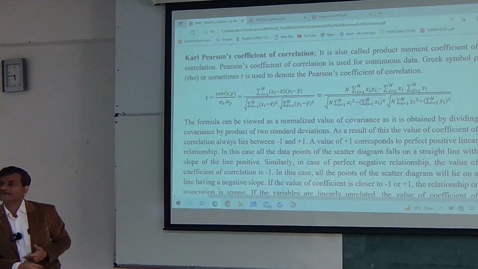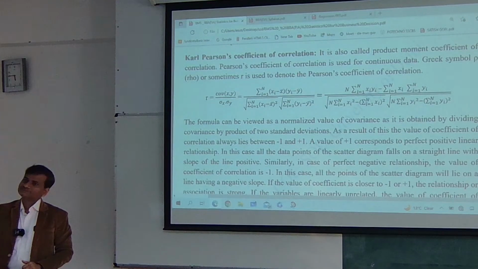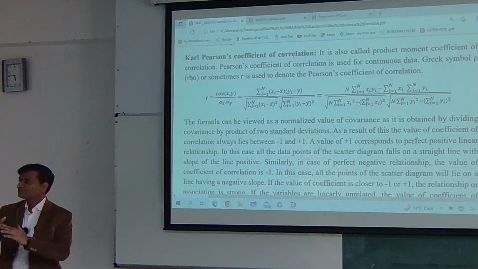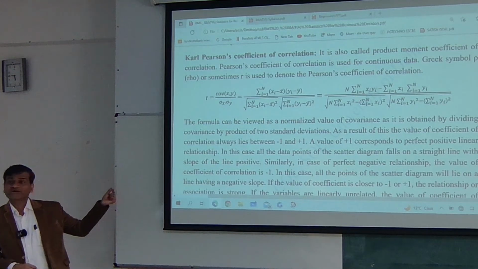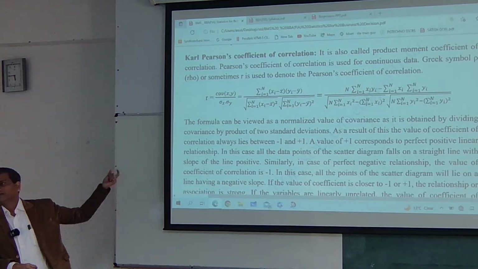What is sigma x? Standard deviation of x, which is the square root of the variance. I hope you already know how to calculate the variance of any variable. So to find this, you need the variance of x, the variance of y, and the covariance between x and y, and then you can easily calculate R.